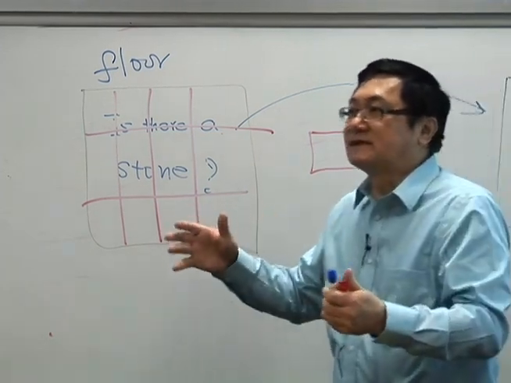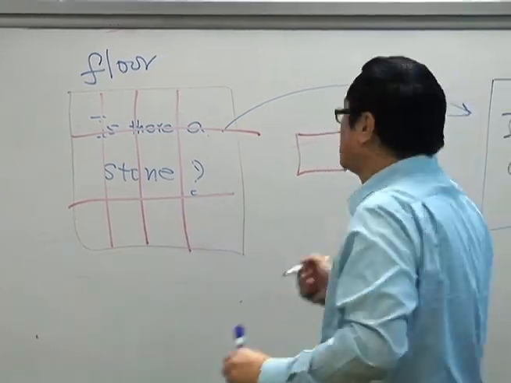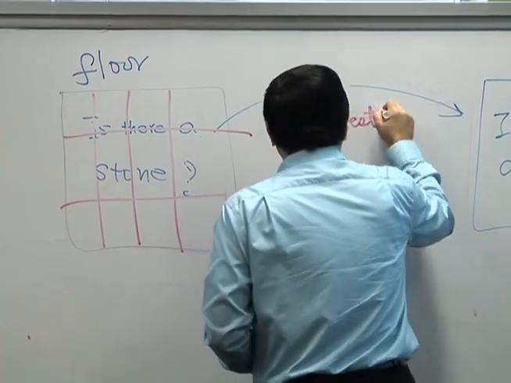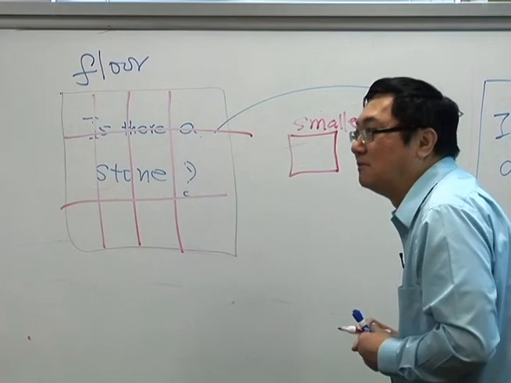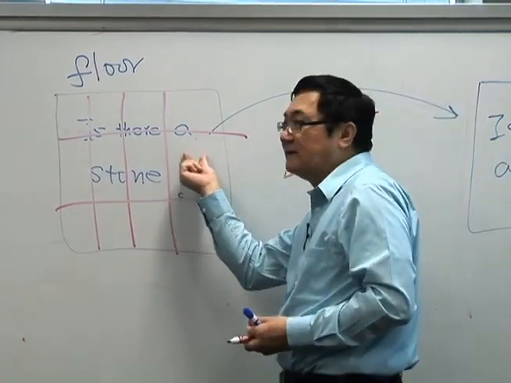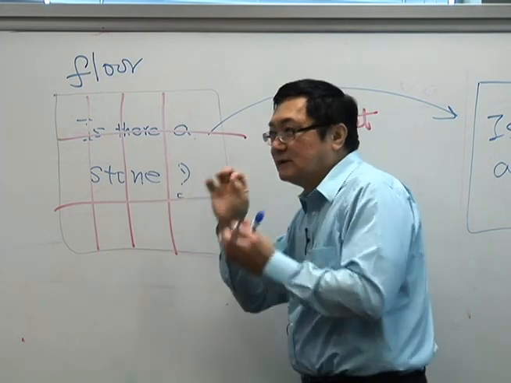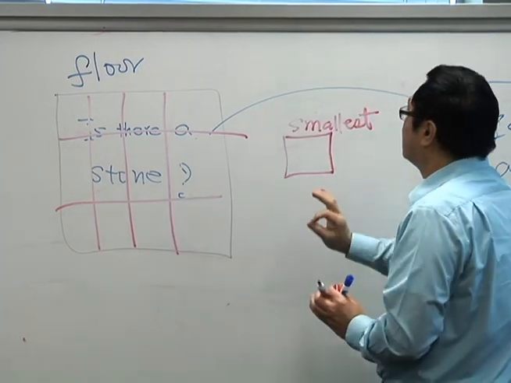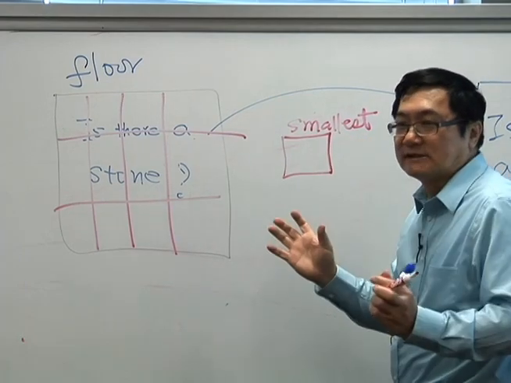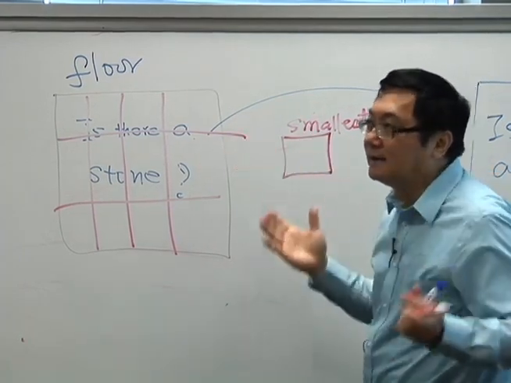Assume we have different sizes for the stone. So we choose the smallest size. The size of the smallest stone. Okay, so what he wants is that the size of each cell is just a little bit smaller than the size of the smallest stone. So far, so good? Why?